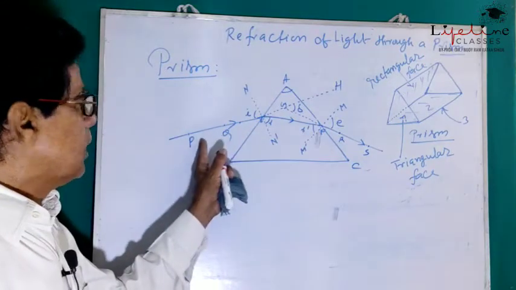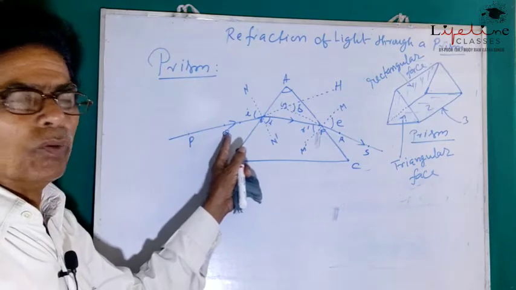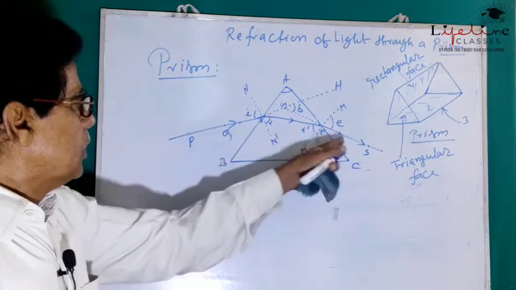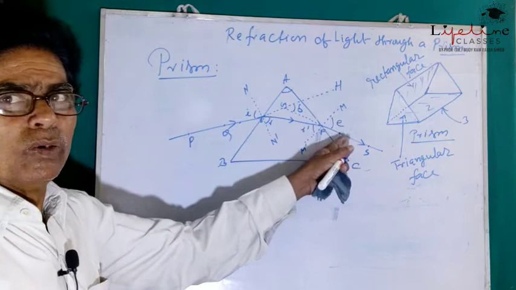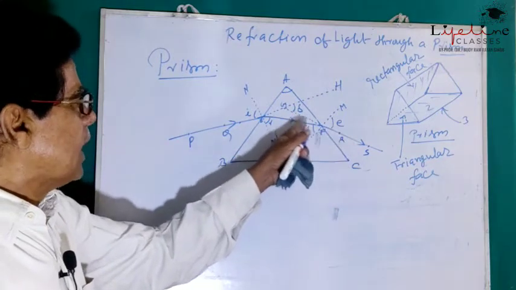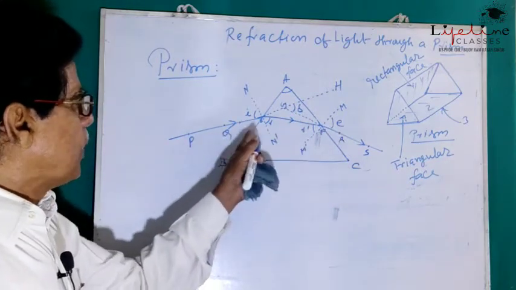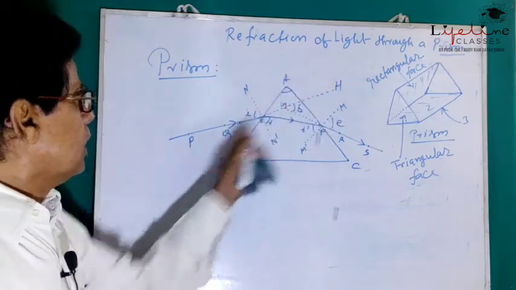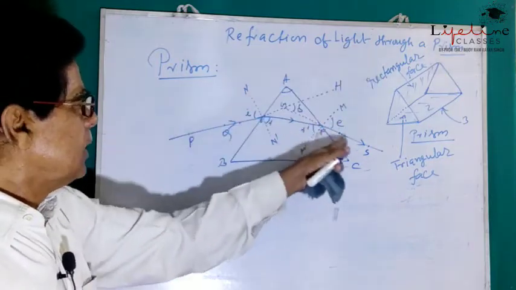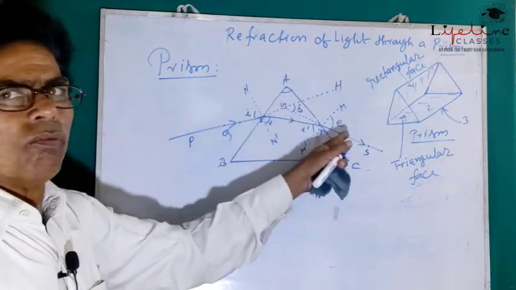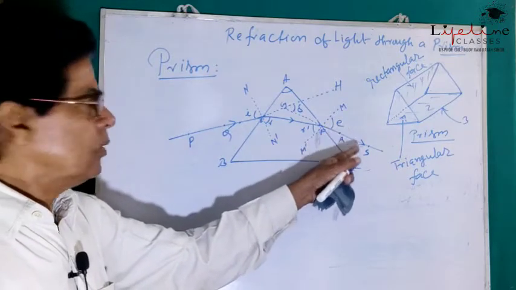So when the pins P and Q are observed from the other side, we find that the position of PQ is not along the same direction, but it appears somewhere else.